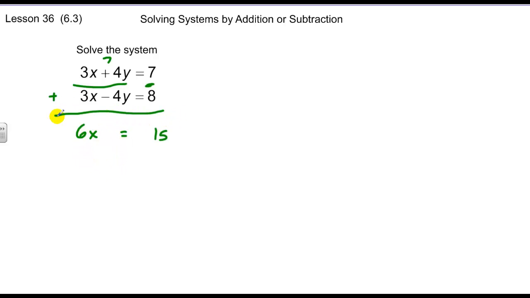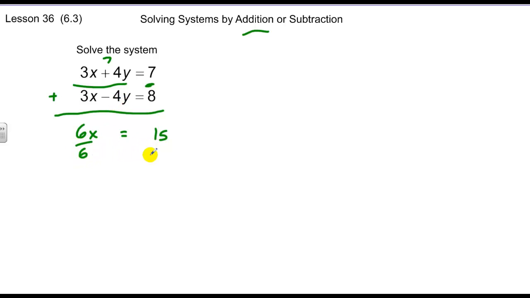So what I now have is one equation with one unknown, and that allows me to solve for x in this case. So I solved this problem by addition. I noticed I had two of the same terms that were opposites. I added them up, and I could do so because I'm adding the same number to both sides of the bottom equation and getting one variable.